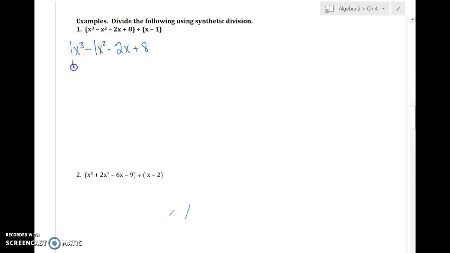The coefficients are 1, -1, -2, and 8. Synthetic division takes the variables completely out of the picture and only focuses on the numbers. So over here on the right side of your paper, write those coefficients: 1, -1, -2, and 8.